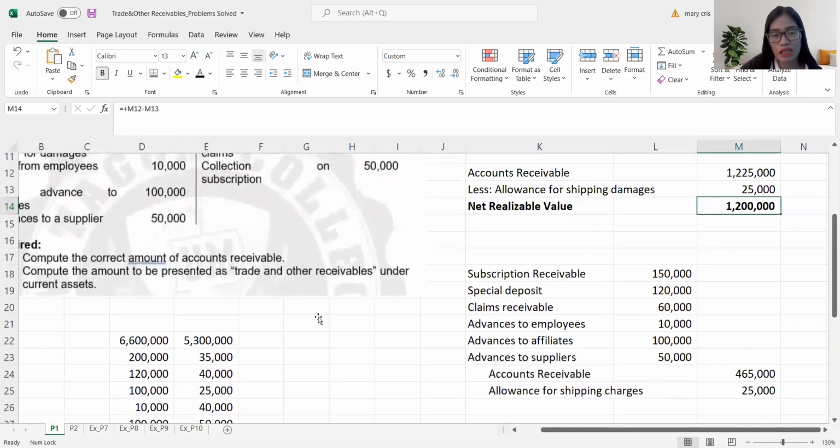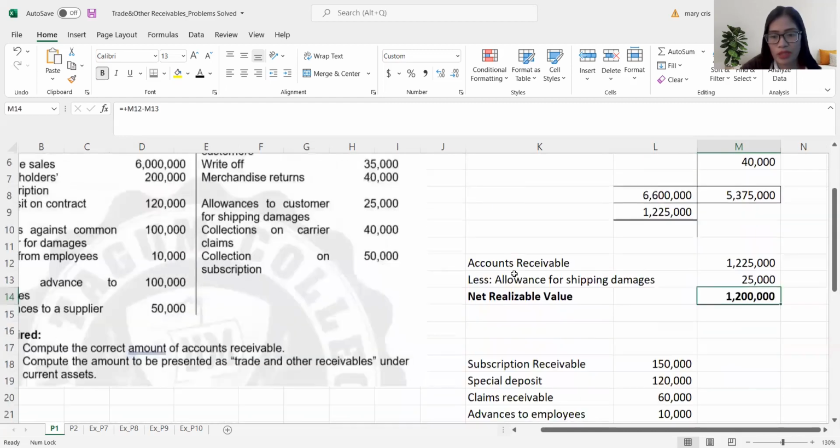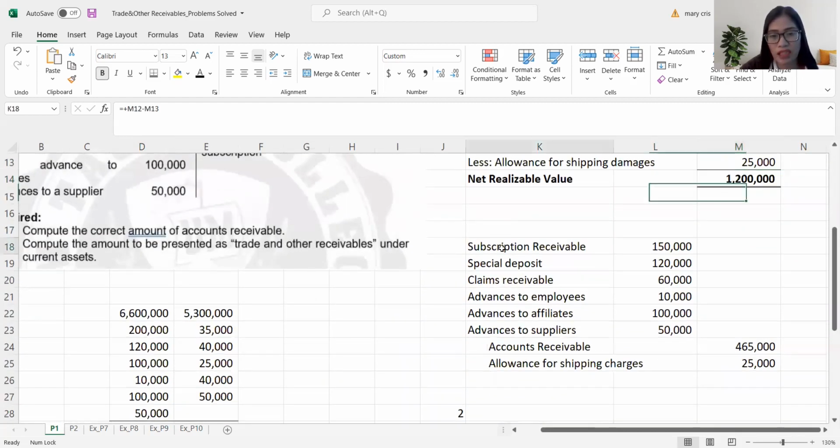As of now, the company, Credible Company, in its records reflects 1,690,000, based on the items listed under the ledger of accounts receivable. Earlier we identified the items and the specific account titles that should be used.